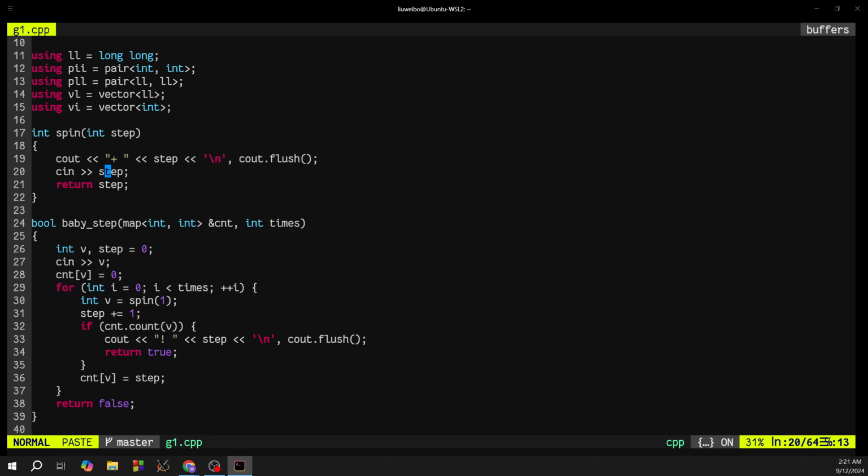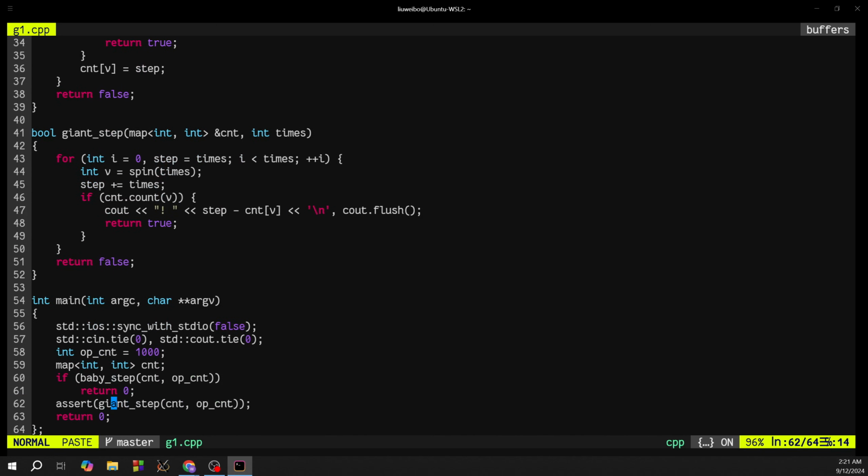So plus a number, and then we read the output. Basically, this is some basic trick with the input output system. The code starts from here. We define OPCNT as 1000, which means that we would do 1000 baby steps and 1000 gigantic steps.